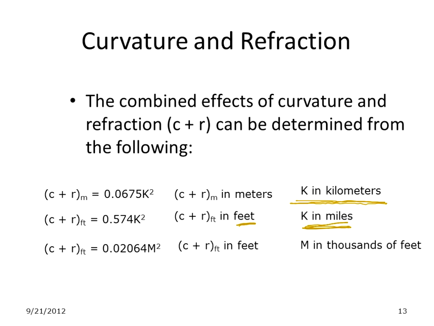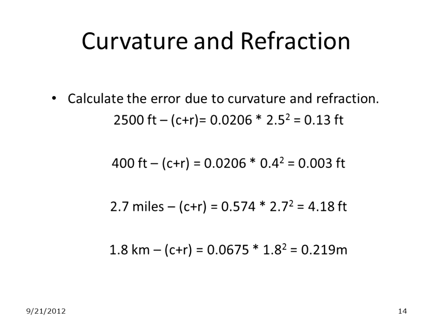And in this option, if you're looking for it in feet, 0.02064 M squared, M is in thousands of feet. Okay? These are the only variables that work in these formulas. I should say units.